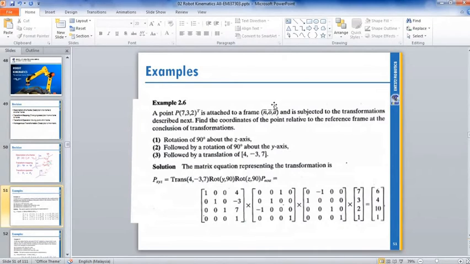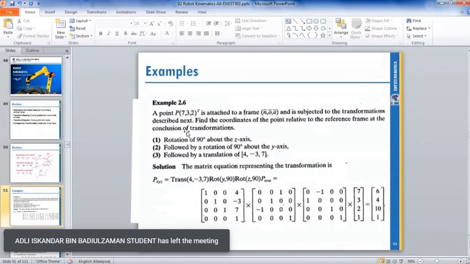Maybe this is the gripper, and is subjected to the transformation described next. Find the coordinate of the point relative to the reference frame at the conclusion of the transformation. So this is the transformation.